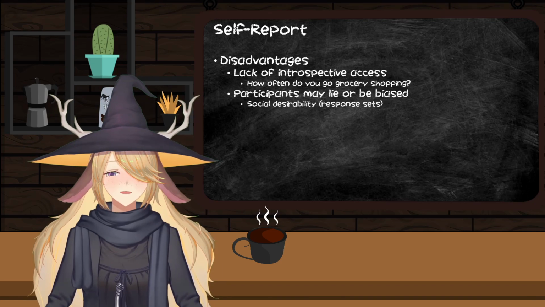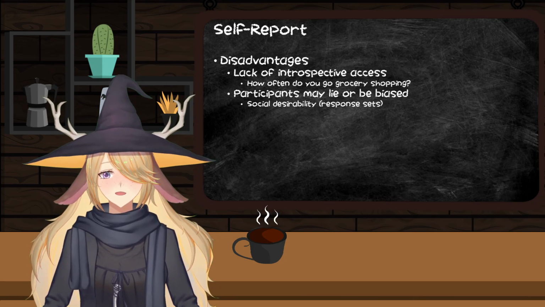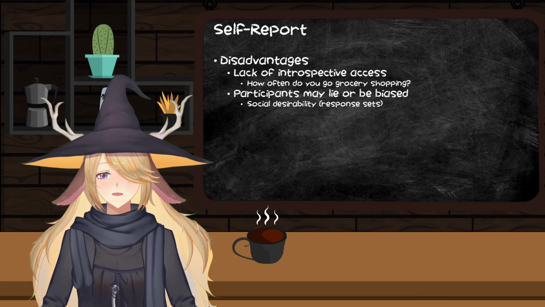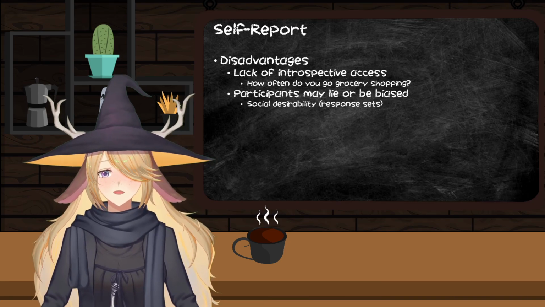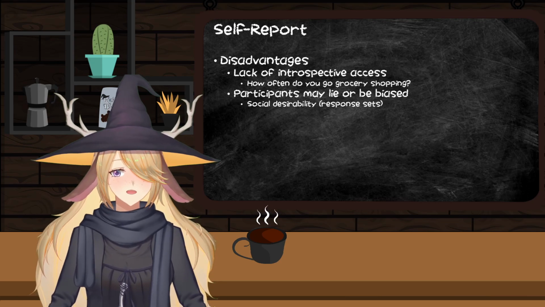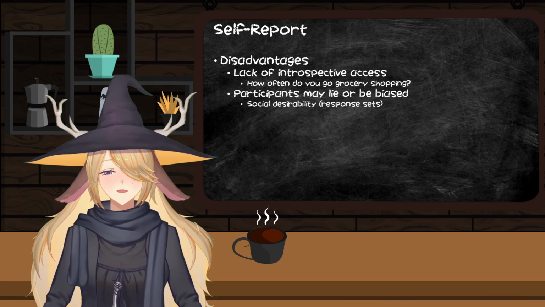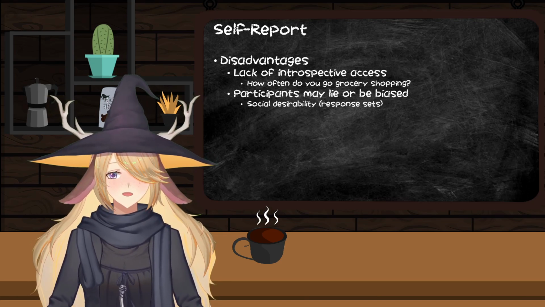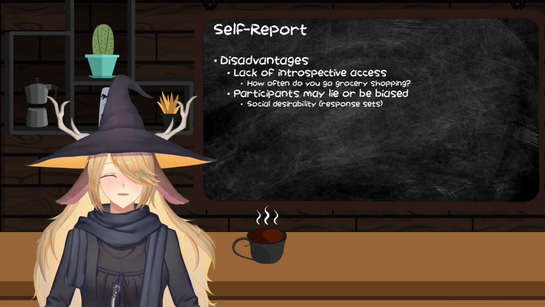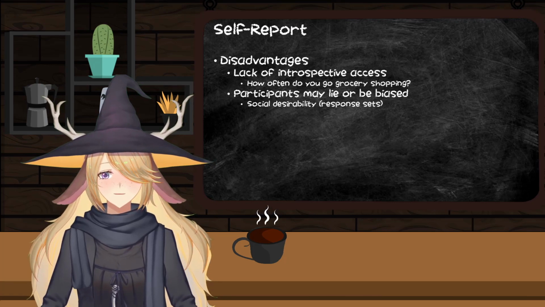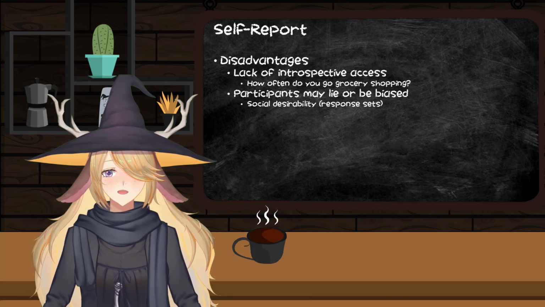All right. Disadvantages of self-report, though. There is an issue with a lack of introspective access, and it turns out that some people are not particularly great at accurately recalling information. So if you ask somebody how often do you go grocery shopping, I would personally tell you once a week. But in some weeks I might end up going to the local market because I forgot to get snacks or something like that.